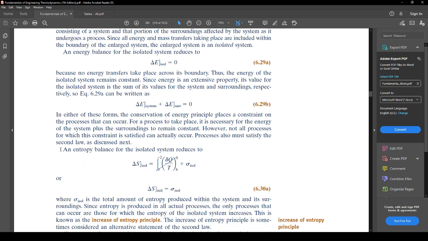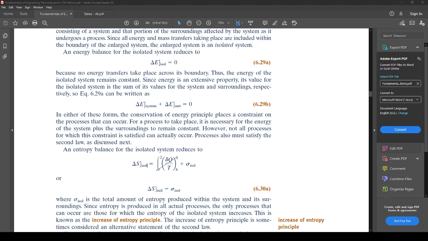So right here it says an entropy balance for the isolated system reduces to this. So delta S of an isolated system has to be equal to, once again, remember this equation, the integral of Q over T at the boundary from states 1 to 2 plus the entropy produced by the system, right?